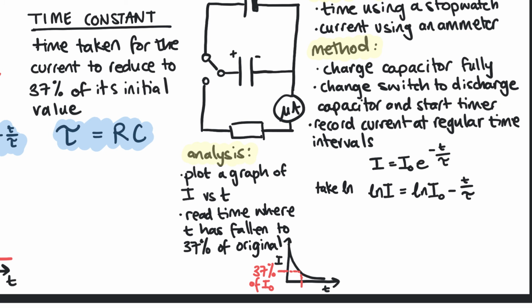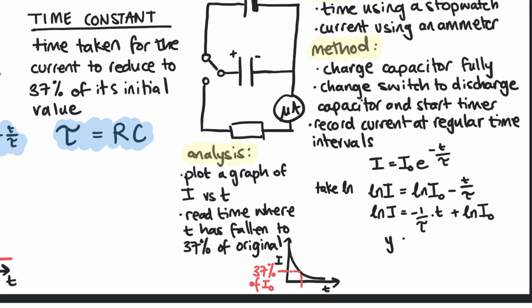Now I'll rewrite that in order to help it fit in with the standard equation for a straight line, which is y equals mx plus c. So we could write this as ln of I is equal to minus 1 over tau, the time constant, times t, plus ln of I0.